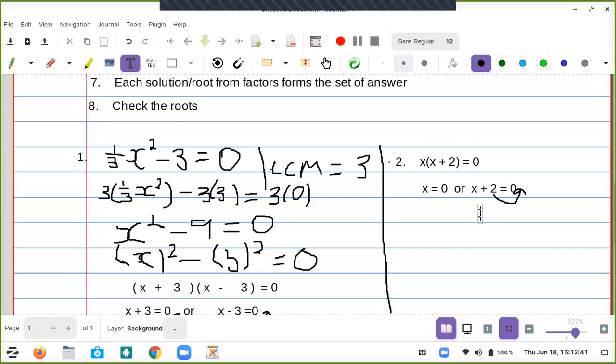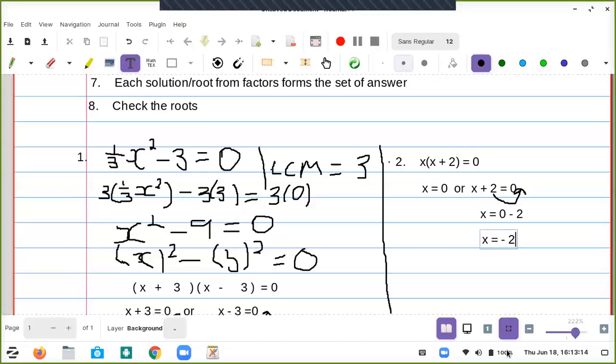It's x, which is now equal to, then I add 0 initially. Then the 2 that I'm transposing is positive, so since I'm transposing the whole term, it is going to be negative 2. Then I simplify my right-hand side. 0 minus 2, we get negative 2.